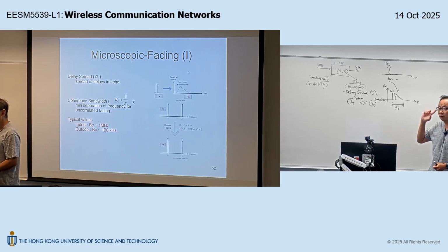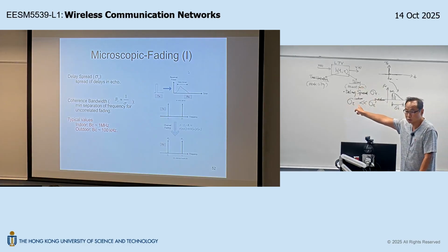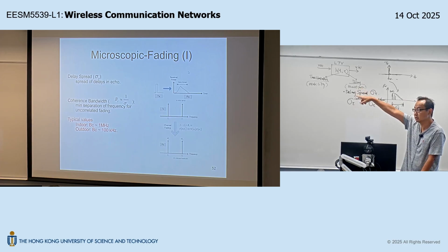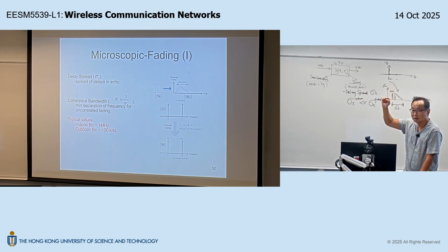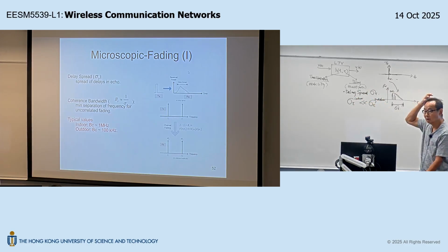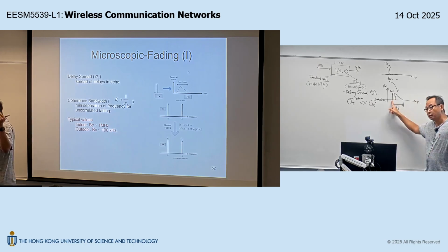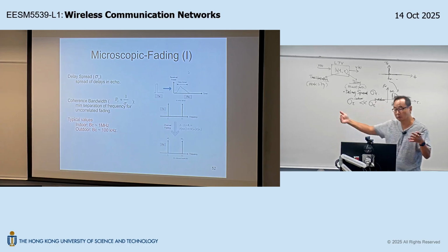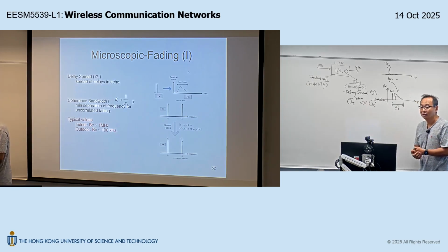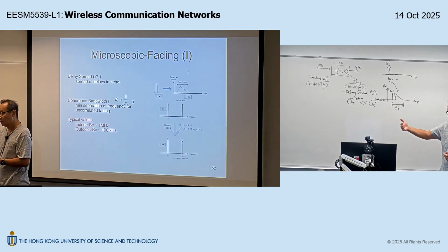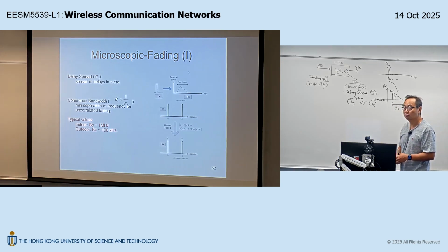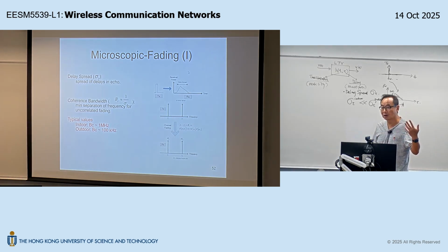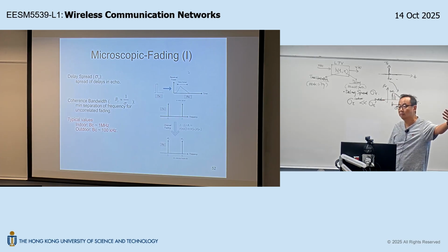Now, imagine another thought experiment. If we do this delay spread measurement outdoors, for example, the transmitter is, let's say, in the piazza, okay? And the receiver is, let's say, at the front door of a library. Then the earliest arriving path may be just the line of sight path, same as the indoor. But then the next arriving path may be reflection from the ground floor restaurant, right? The next arriving path may be reflection from the buildings across Clearwater Bay Road, right?